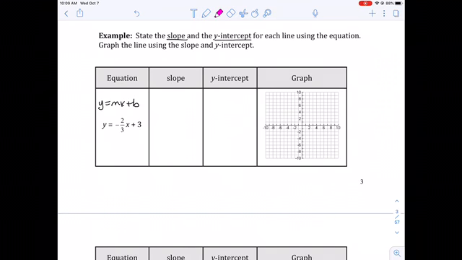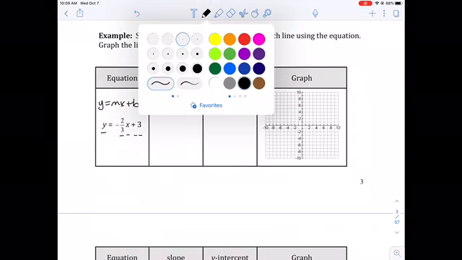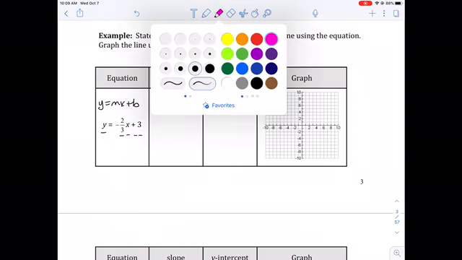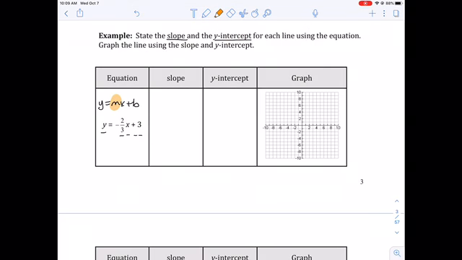Is it written in that form? We've got y here, and we've got a number in front of x plus a constant by itself. So it certainly is written in y equals mx plus b form. That means right away I know that this value here is my slope, and this value here is our y-intercept.